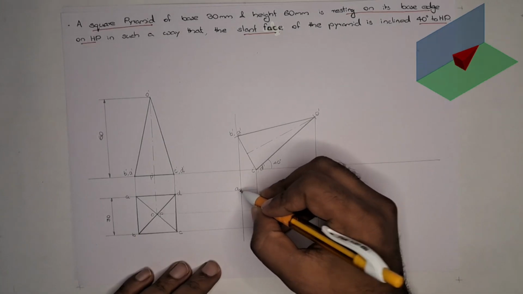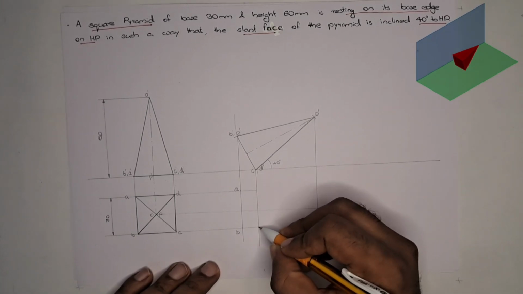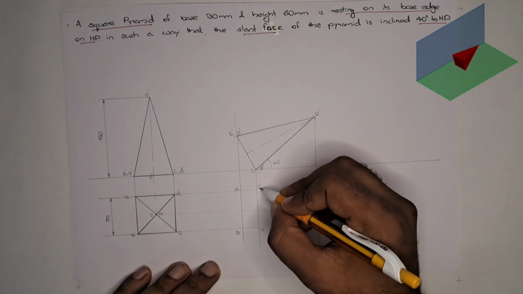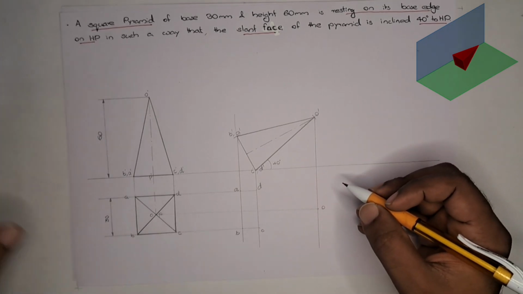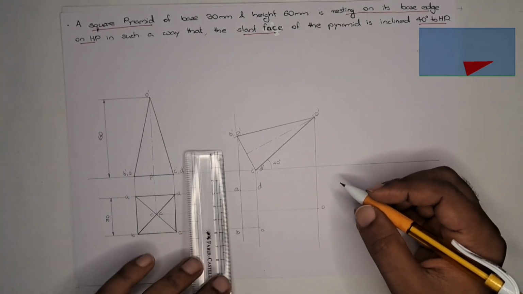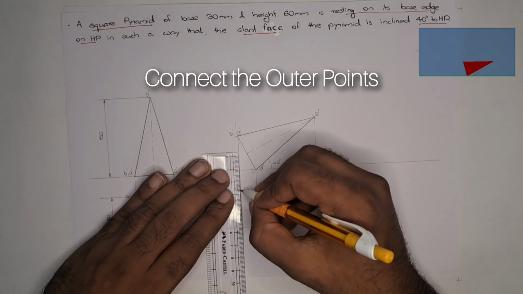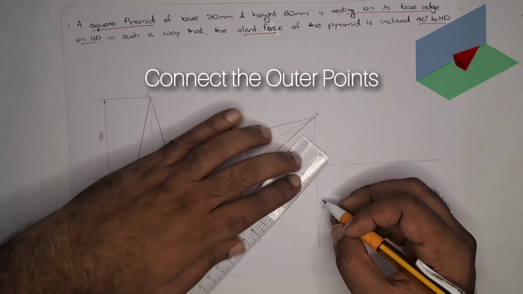So here it's A, B, C, D, here it's O. Now we can join the outer edges.